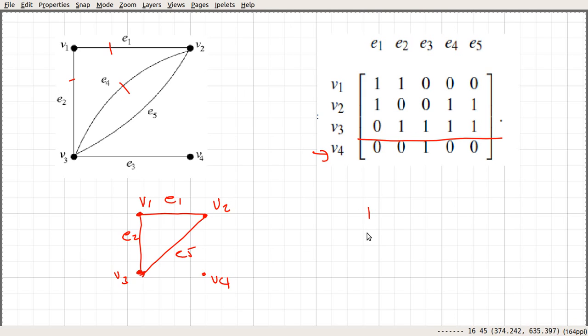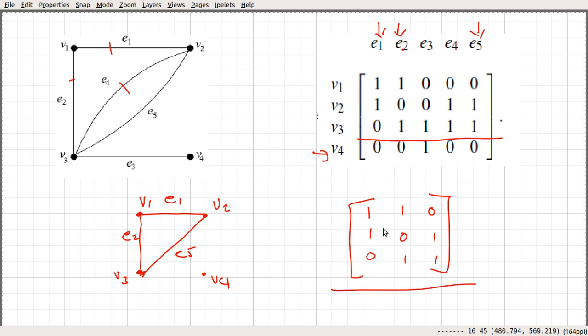A 3 by 3 submatrix, where we are considering these 3 columns E1, E2 and E5. So we have 1 1 0, 1 0 1, 1 1 1. So here very easily we can see that this matrix has no full rank, it is a singular one.